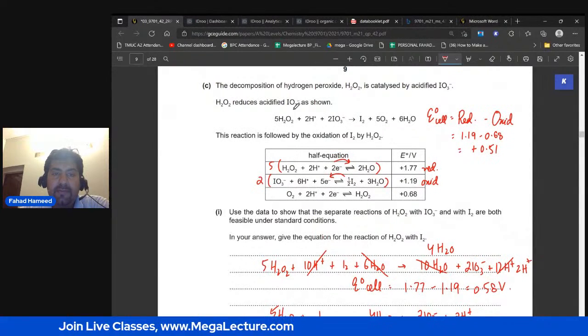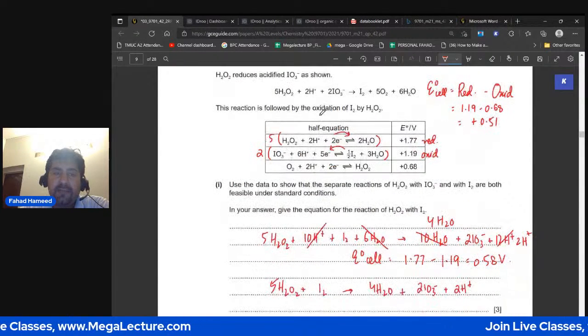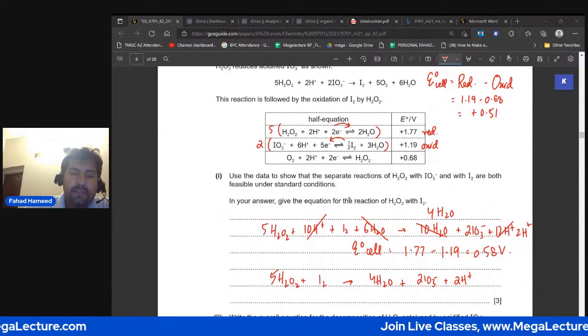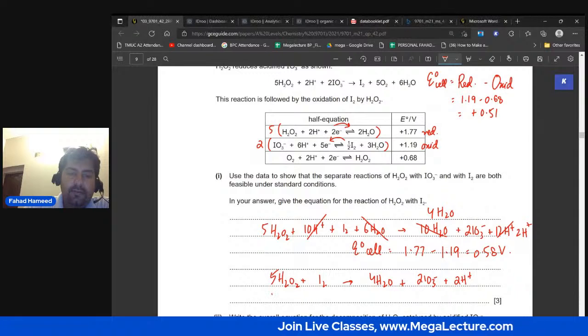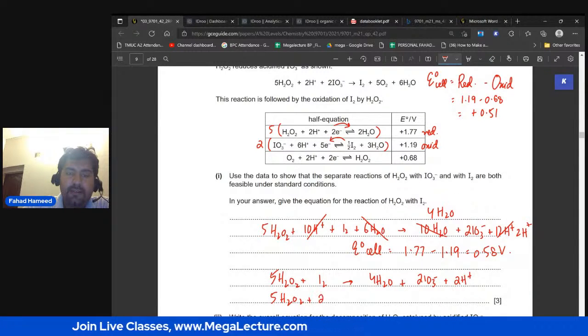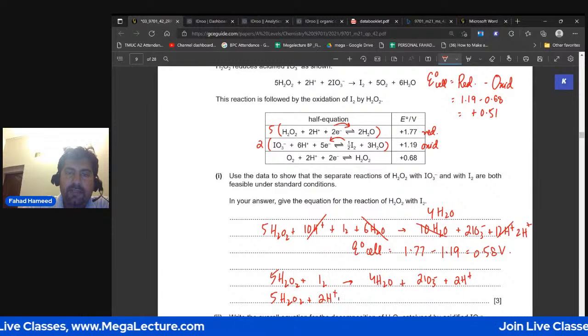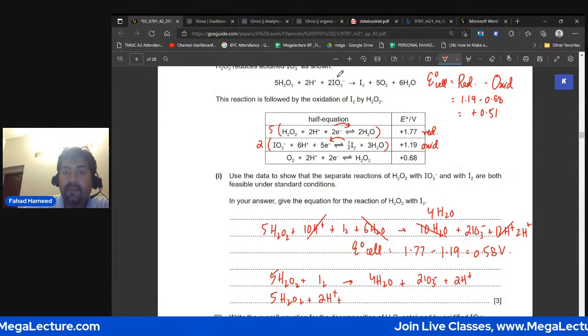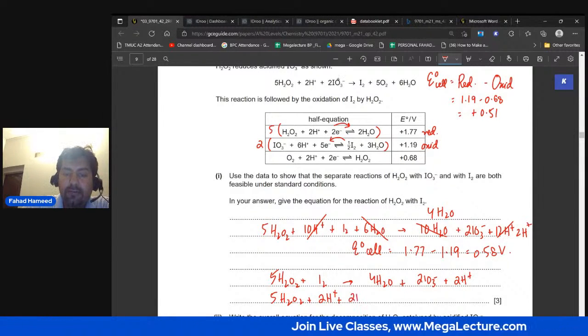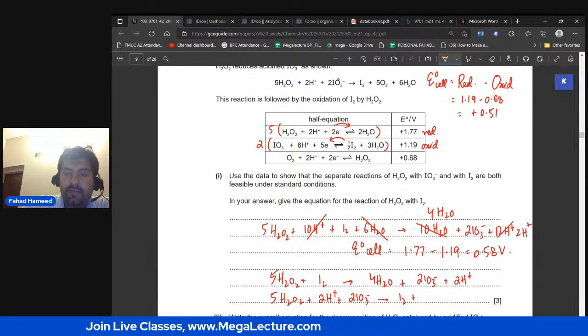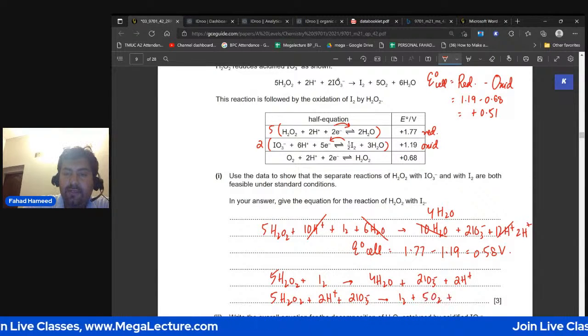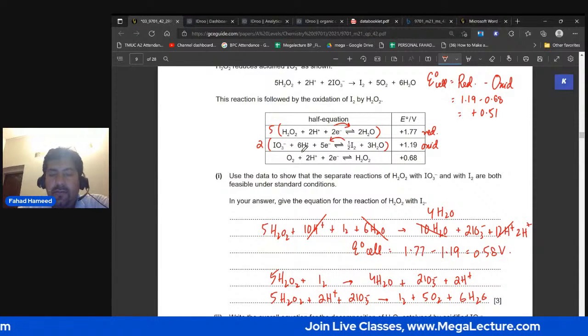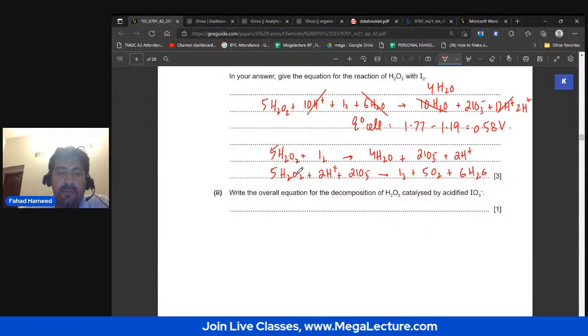The other one was the first one. It's 5H2O2 plus 2H plus plus 2IO3 minus, and the product is I2 plus 5O2 plus 6 H2Os. What we're going to do is just add up the two equations.